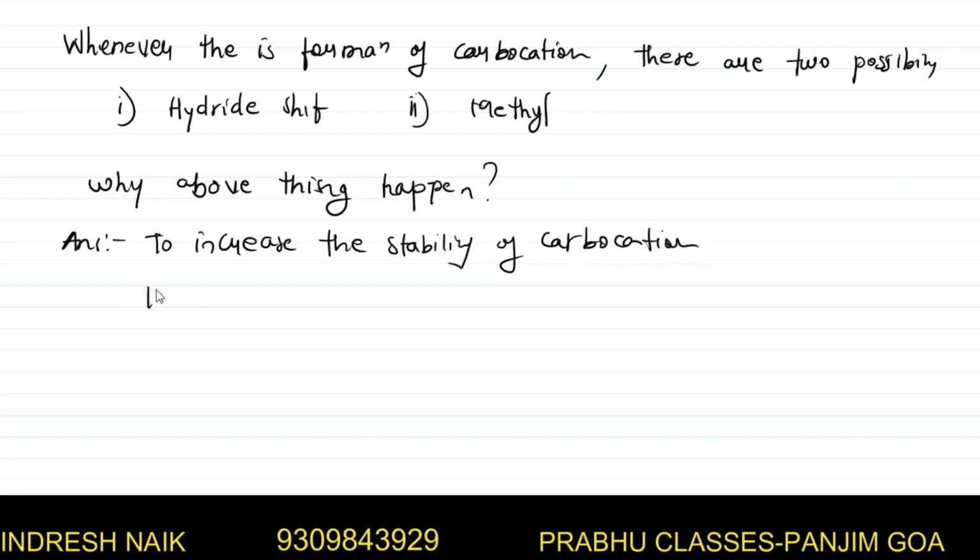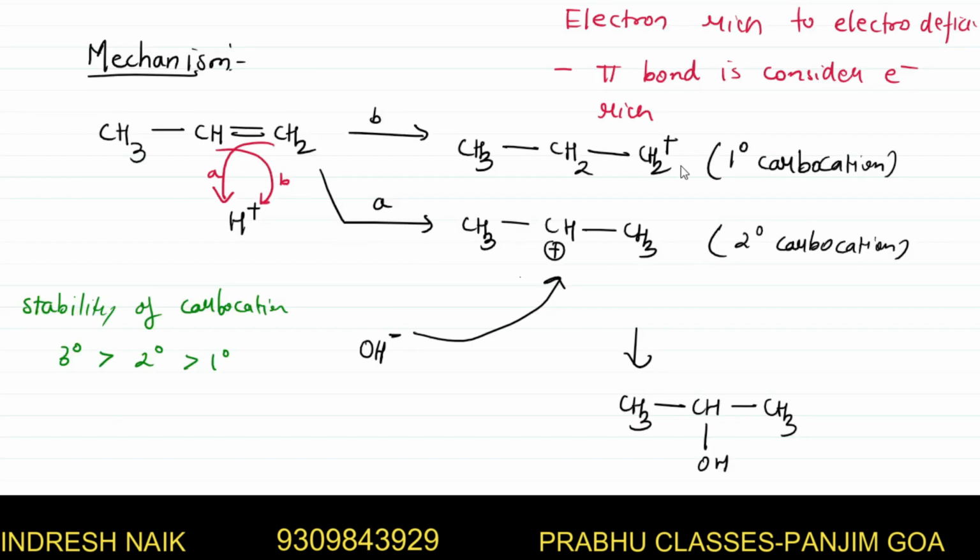If it is a primary carbocation, then it will change to secondary carbocation. If it is secondary, then it will change to tertiary carbocation, only if there is scope. Why did it not happen over here? Just imagine there is a carbocation. If it shifts over here, it will become primary, right? This was a minor product, right? So if this shifts over here, it becomes primary. So there is no hydride shift.